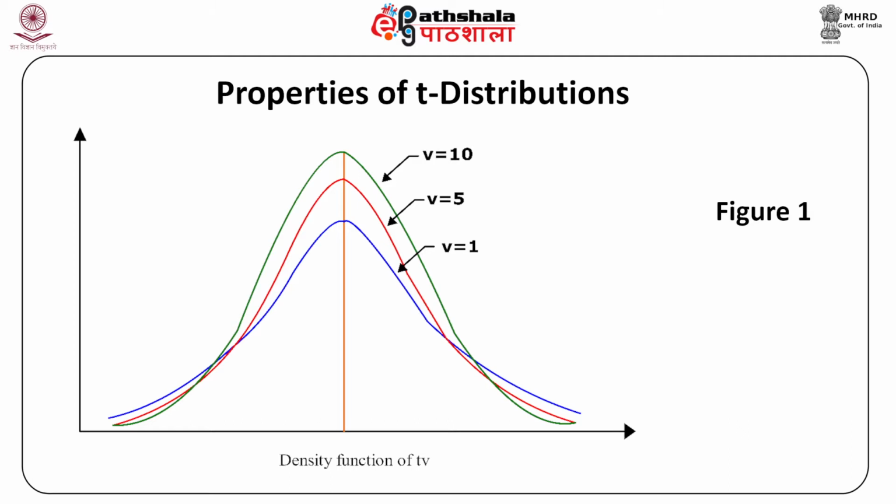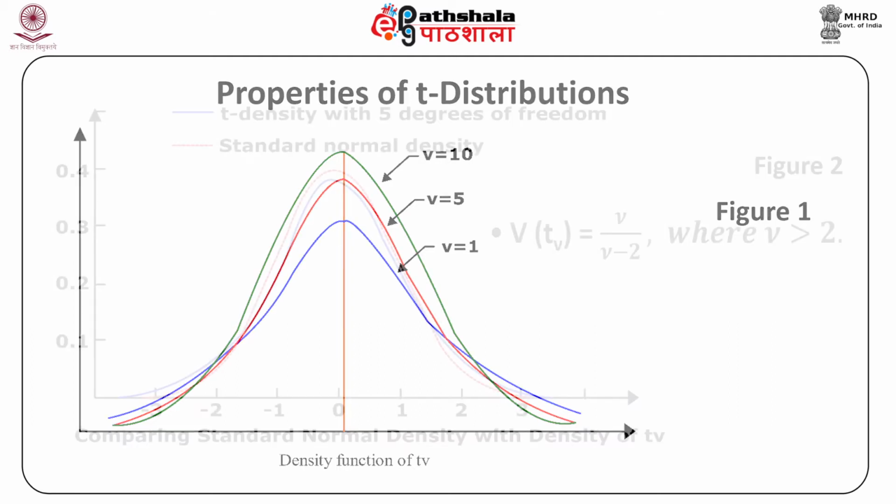I can show it in your figure 1. So unlike the Z distribution, the t distribution is a family of distributions. Whereas in the Z distribution we had one unique curve, here the curve depends upon the degrees of freedom, and with each degree of freedom it gets concentrated and centered around the value. So you have these different curves corresponding to degrees of freedom 1, 5, 10 and so on.